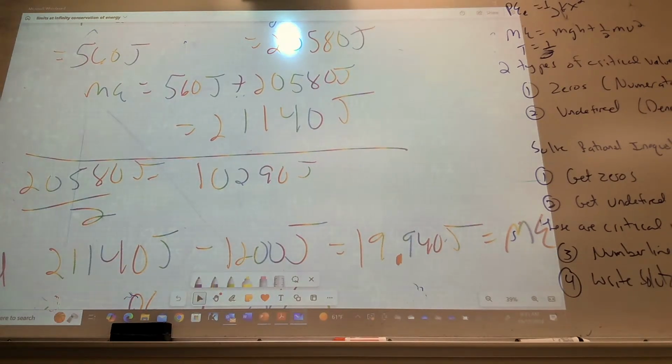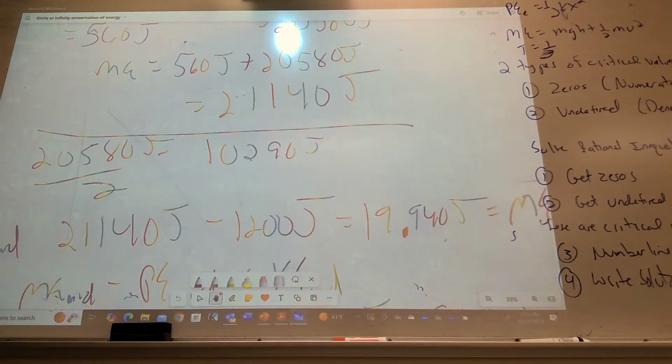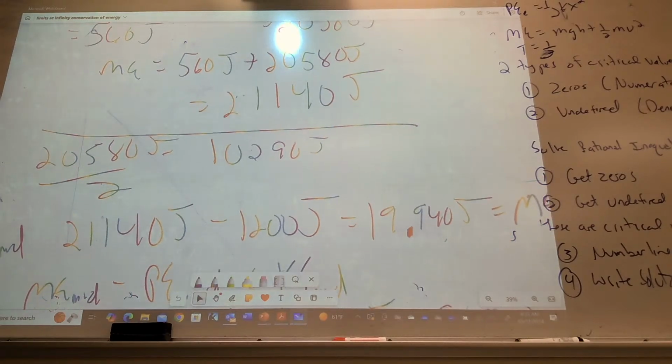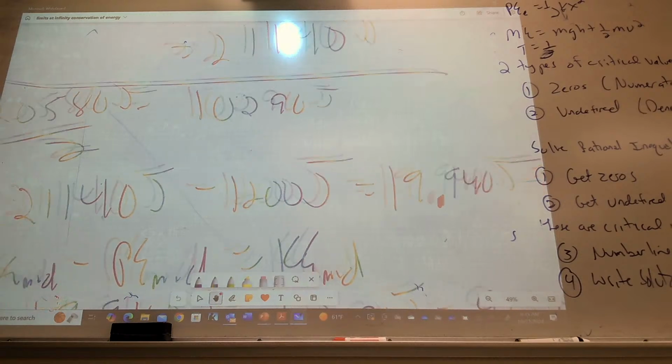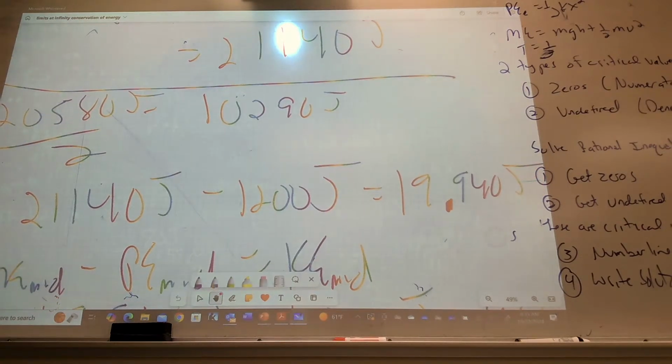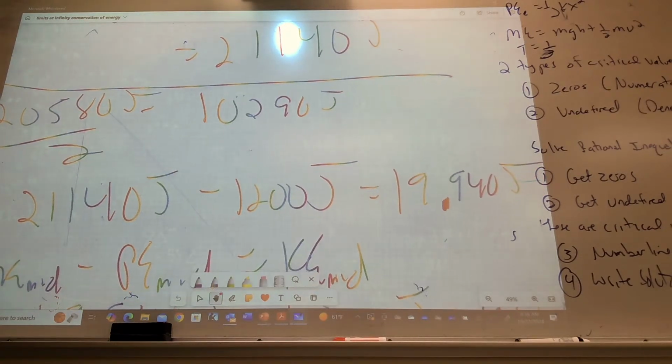Now you can get your kinetic energy in the middle, because it's the mechanical energy minus your potential energy. If it's negative, you probably did potential minus mechanical. It should be mechanical minus potential. So that would be 19,940 minus 10,290, which is a positive number.